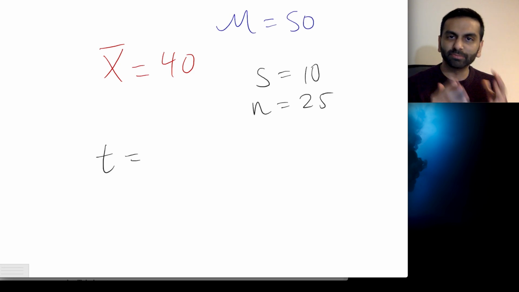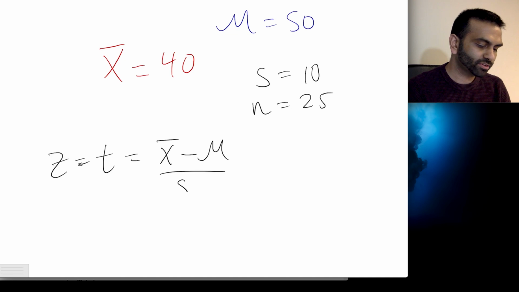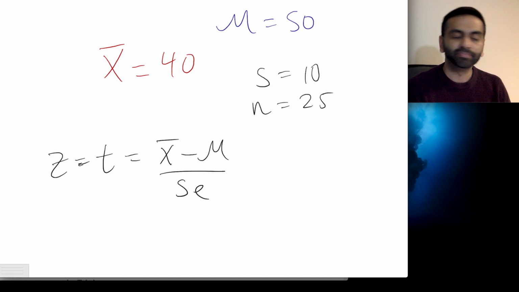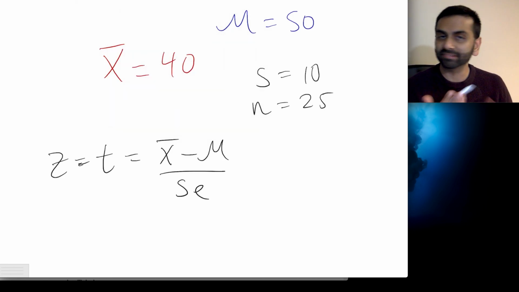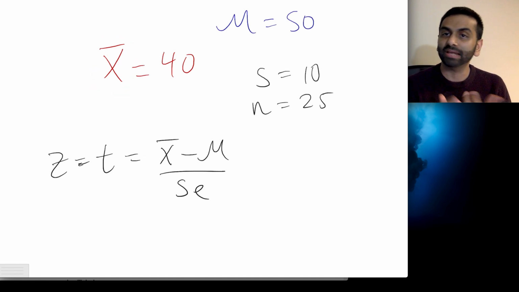So now this brings us to the main formula for z and for t. The main formula is just the difference, your x bar minus mu, over the standard error. It's just how many standard errors away from the mean are you? Because standard error is the standard deviation when the thing in question is a sample average.